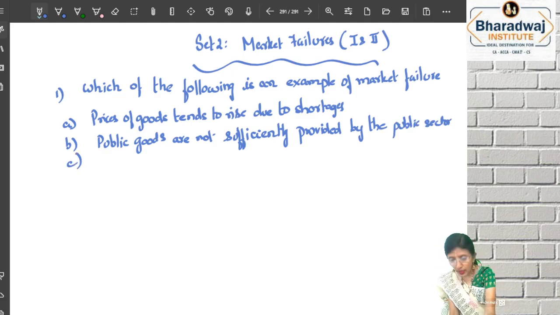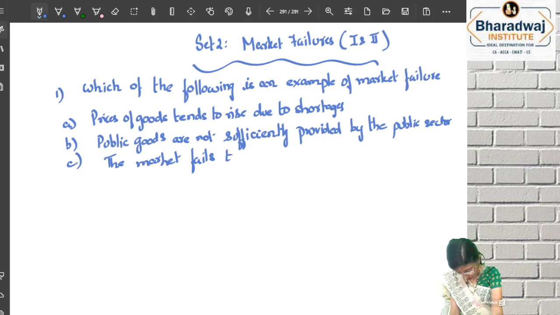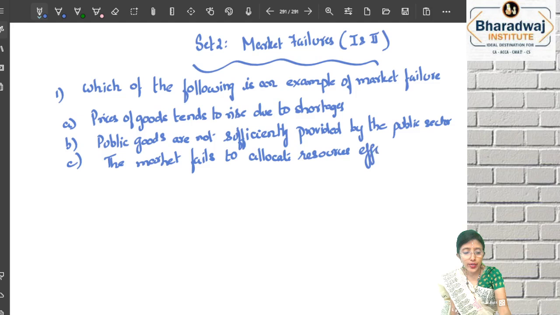C: the market fails to allocate resources efficiently.